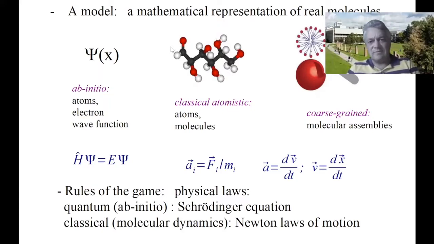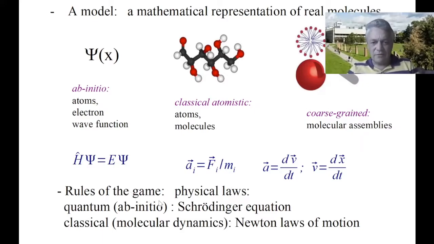But this can be used only for relatively small systems. When we go to biomolecules, we typically use either the classical atomistic approximation, where we have atoms connected by bonds in molecules, or even more coarse-grained models to study larger systems.